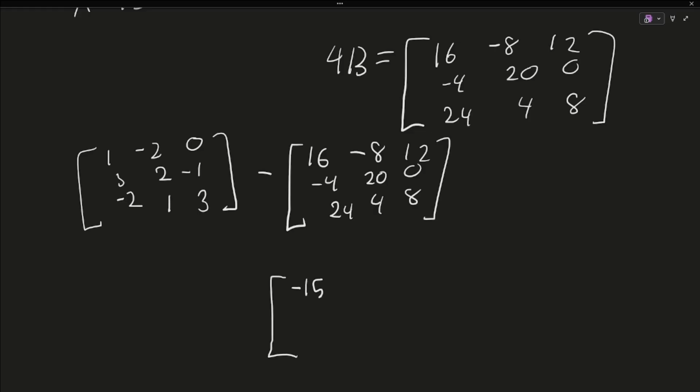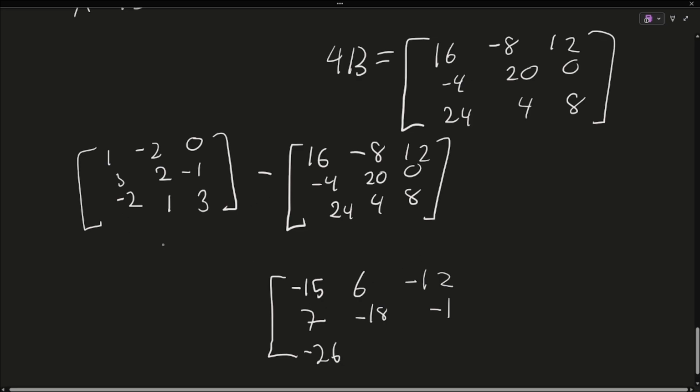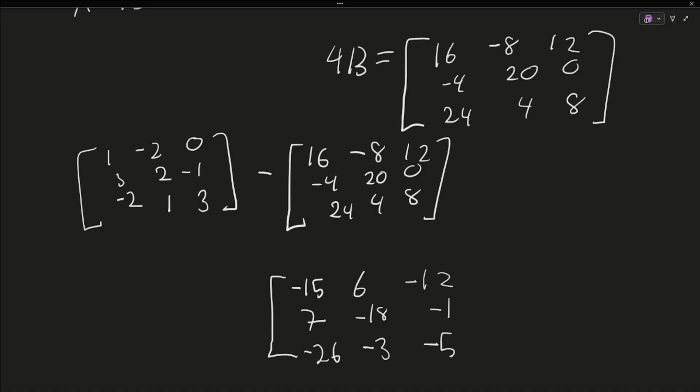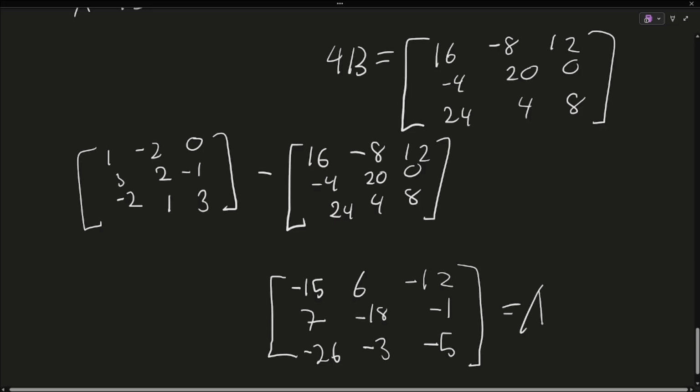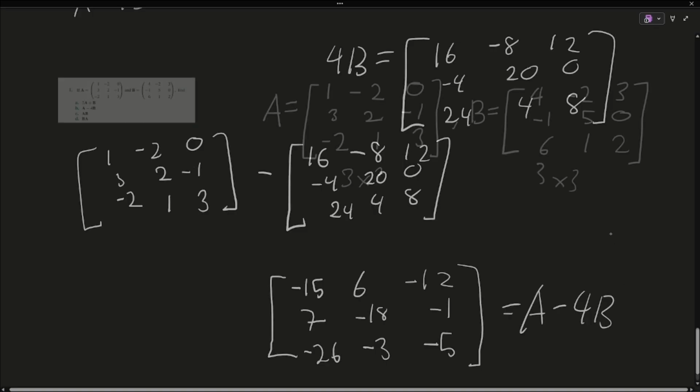So we'll have -15. -2 minus 8 will be -10 because you're going to subtract 8 from -2. 0 minus 12 will be -12. 3 minus 4 is -1. 2 minus 20 will be -18. -1 minus 0 will be -1. -2 minus 24 will be -26. 1 minus 4 will be -3, and 3 minus 8 will be -5. And this will be equal to A minus 4B.